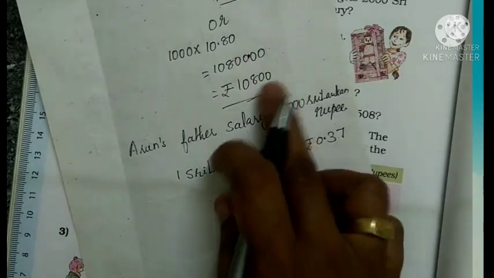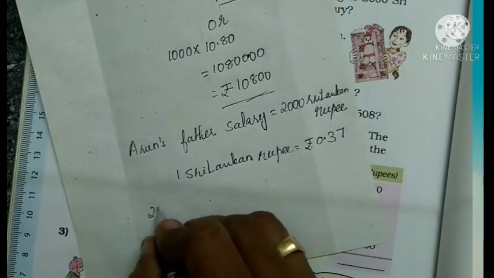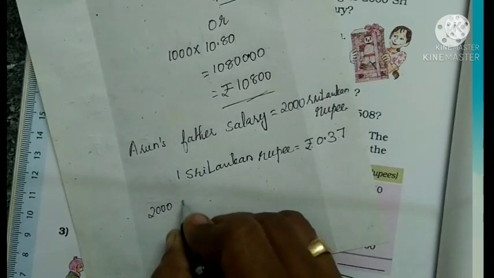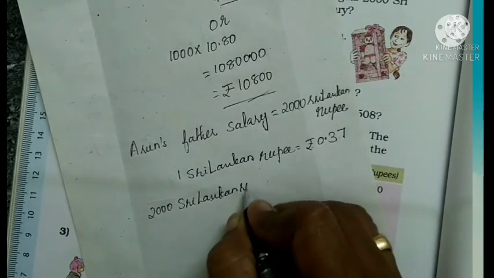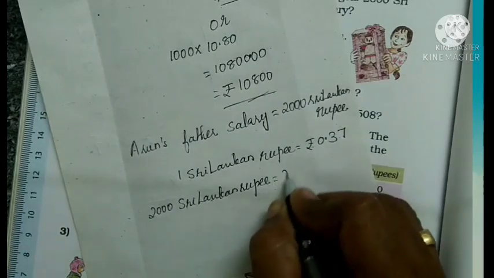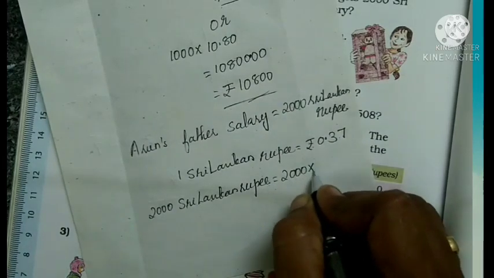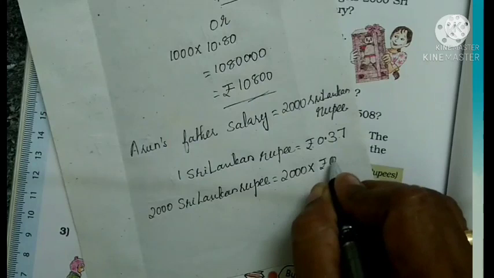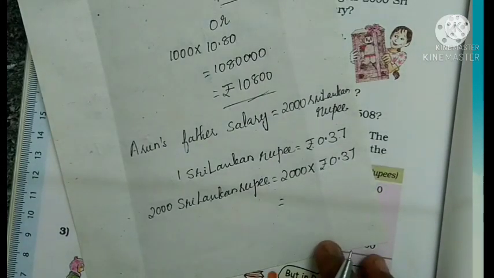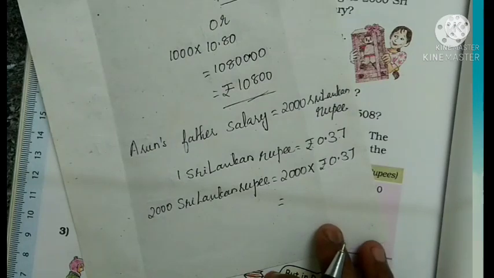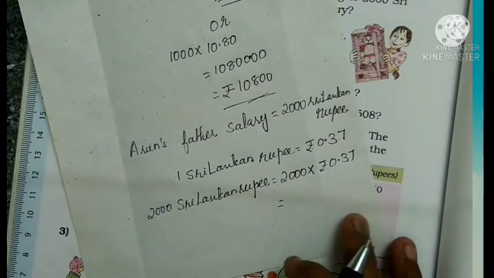So next what we have to find out? 2000 Sri Lankan rupee equal to 2000 into rupees 0.37. So there we have to use the multiplication. How can we do this calculation?